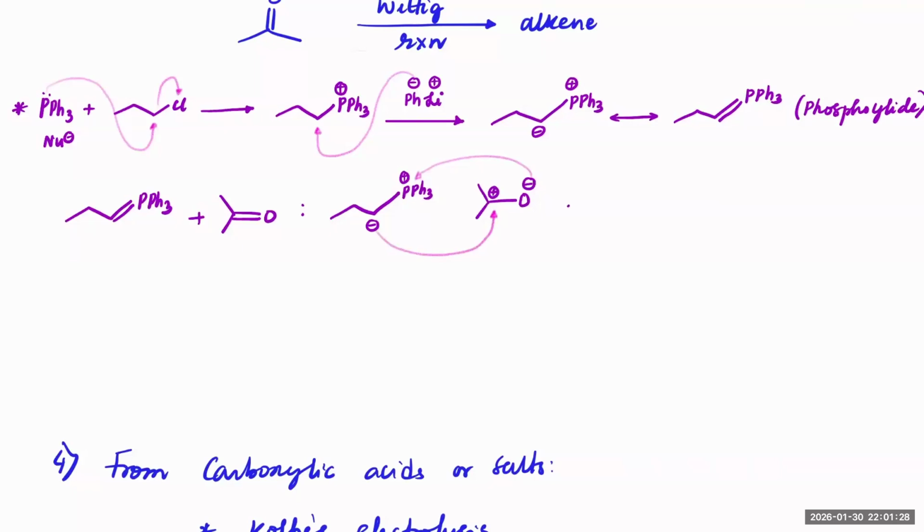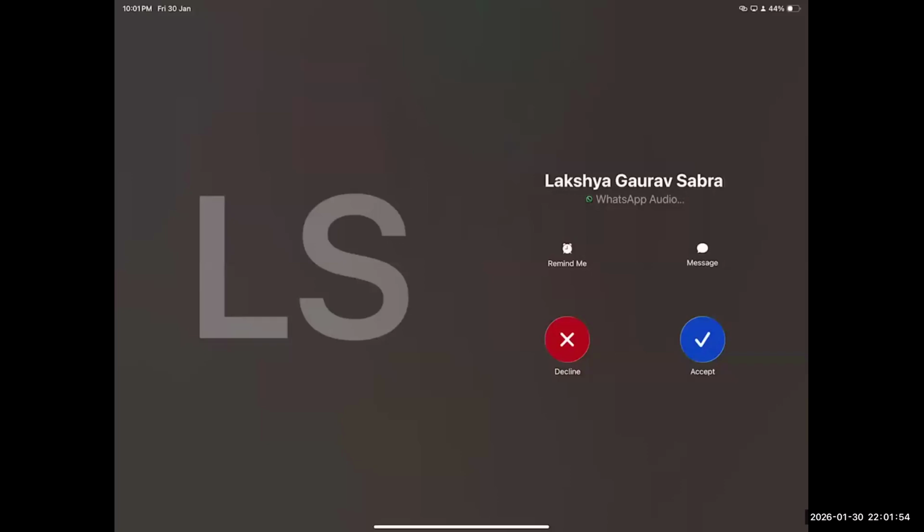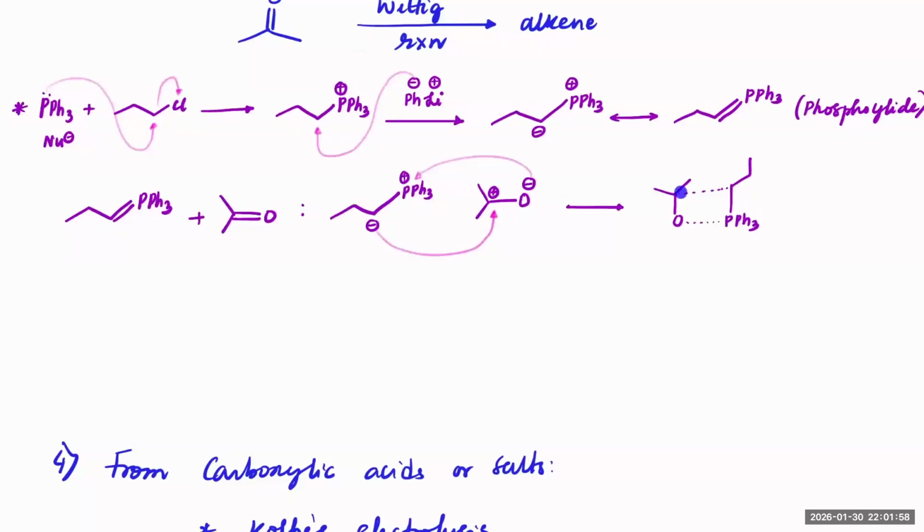And as it happens here, you will notice that a kind of transition state is formed. So we will have an oxygen present here, which is trying to connect to PPh3, which is connected to an alkyl group here, and the negative charge is trying to connect here. This is the way oxygen and phosphorus will be connected with each other.